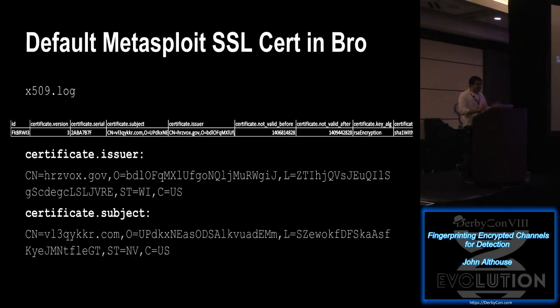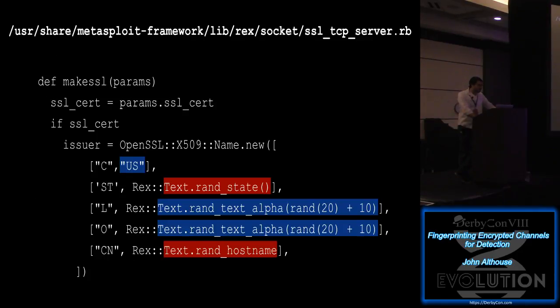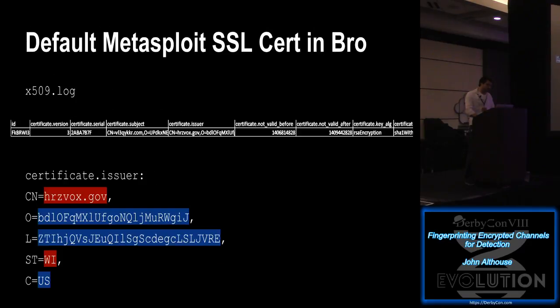Originally, this is what the Metasploit randomly generated SSL cert looked like years ago. It was completely randomly generated. The code that they were using to generate it hard-coded country code to US, and then it randomly created some mixed text for the L and O fields in the certificate, another example clearly randomly generated.